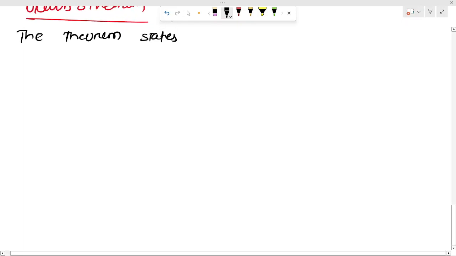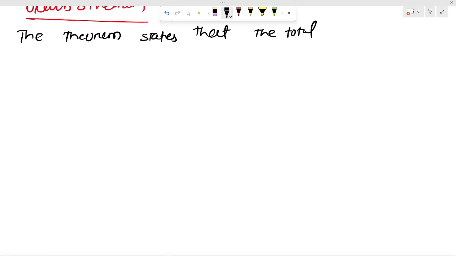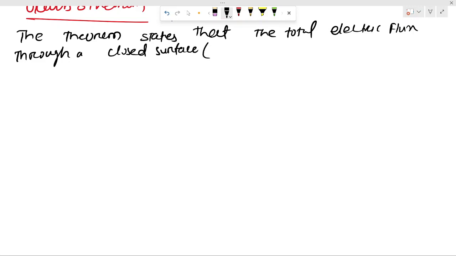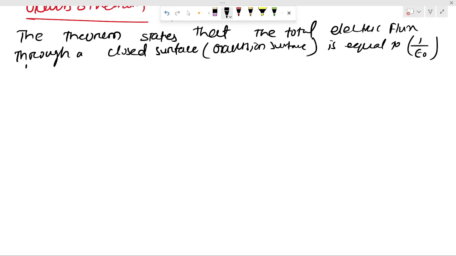Okay, let me write the theorem. The Gauss theorem states that the total electric flux through a closed surface, or you can say a Gaussian surface, is equal to 1 by epsilon naught times the total charge.